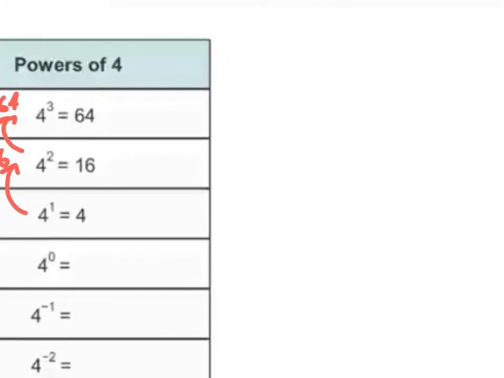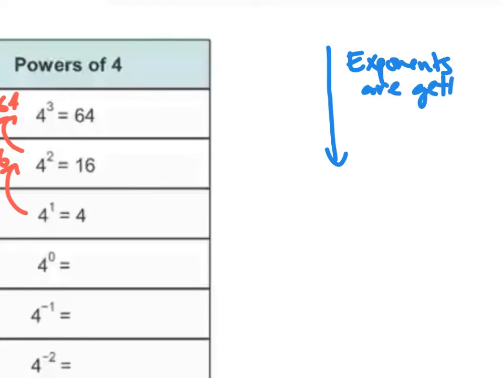However, if we go in this direction, we notice that the exponents are getting smaller. They're decreasing. Therefore we want to do the opposite of what we were just doing. To go from one step to the next, we want to divide by 4.